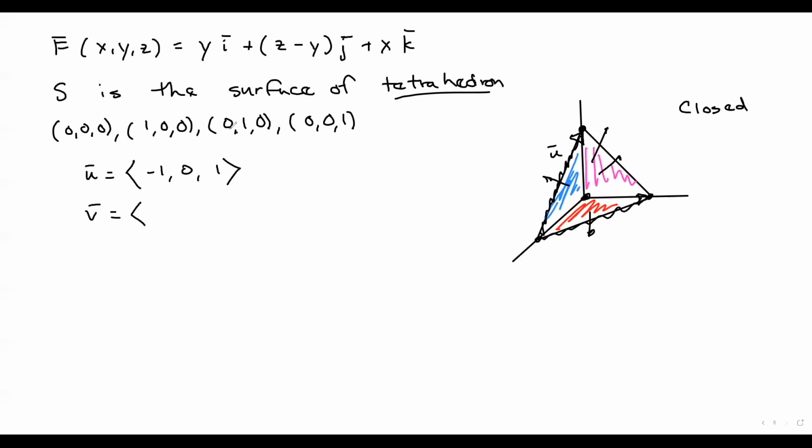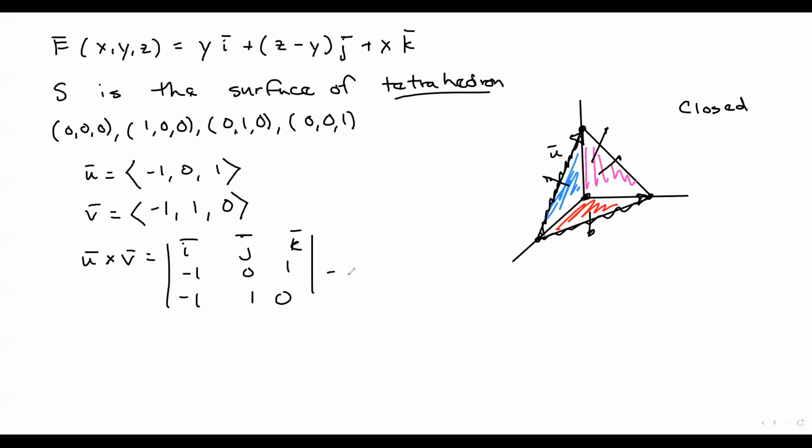This is the termination point and this is the initial point, so just subtract. We have 0 minus 1, so negative 1, 1 minus 0, 1, and 0 minus 0, 0. We've got u and v. Do u cross v. We've got i, j, k; negative 1, 0, 1; negative 1, 1, 0. That's i times (0 minus 1) minus j times (0 plus 1) plus k times (negative 1).